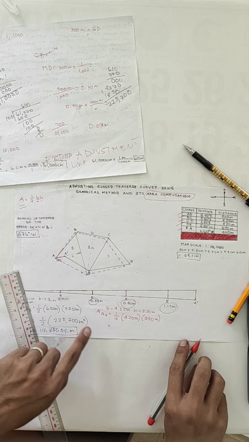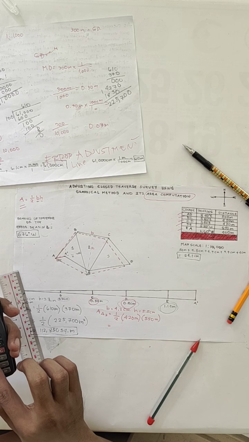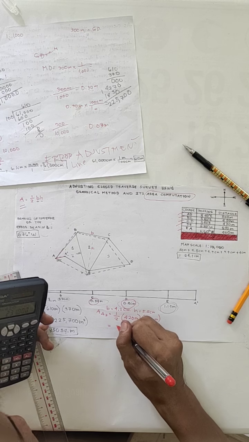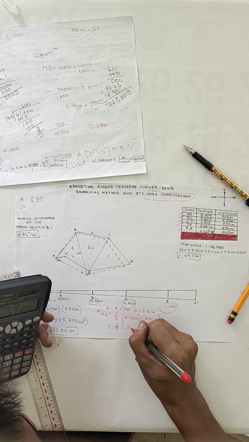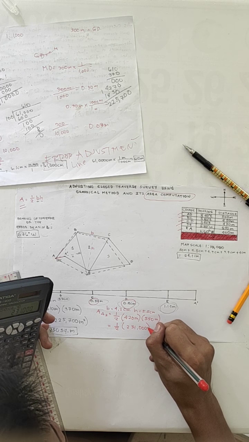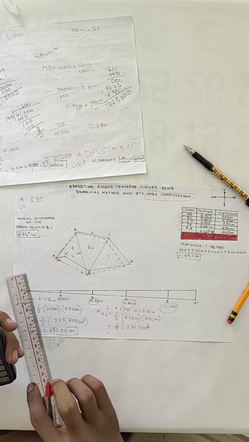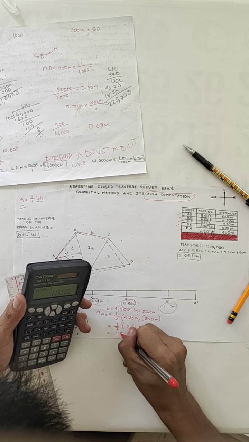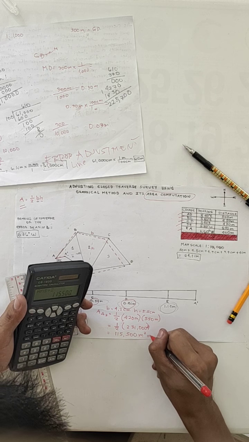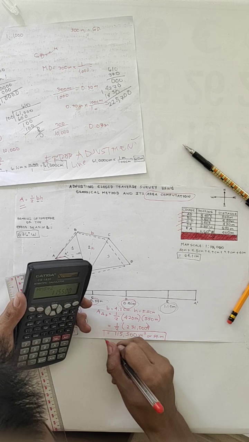So 550 meters times 420 meters, 550 multiplied by 420 is equal to 231,000. 1/2 times 231,000 meters squared will become 115,500 meters squared or square meter. Same, square meter or meter squared, depending on the unit you use.